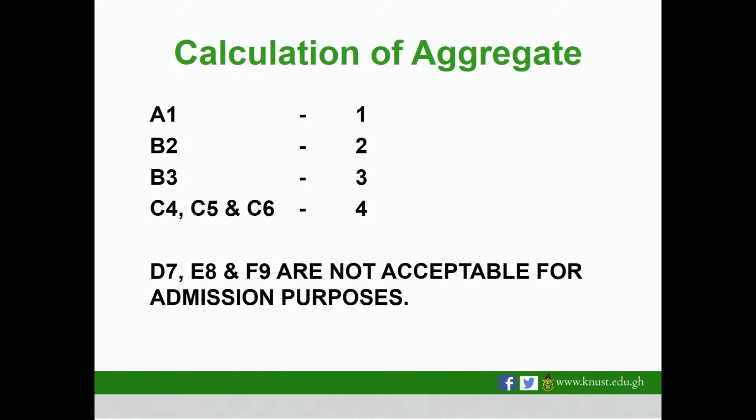Within the 6 subjects, we have 3 core subjects and 3 elective subjects. The core subjects are core mathematics, English language, and then for purposes of KNUST as a science and technology institution, we insist on a credit pass in integrated science.